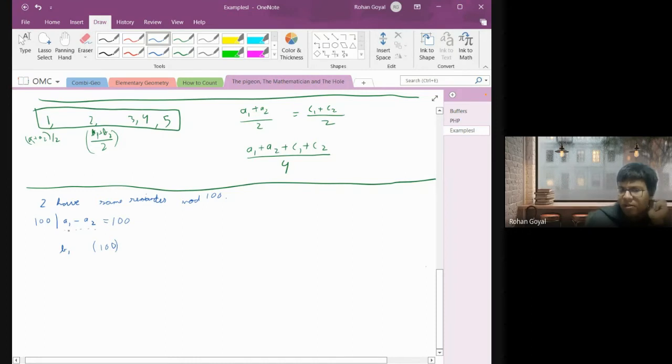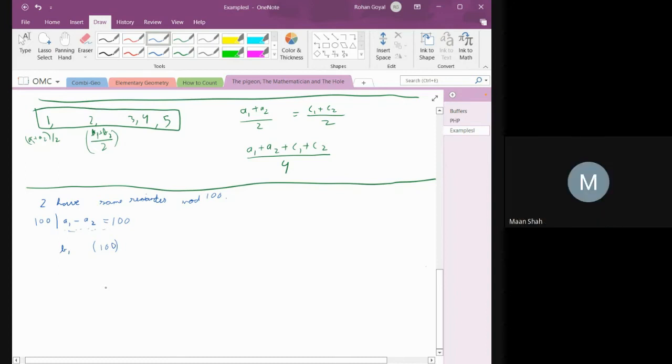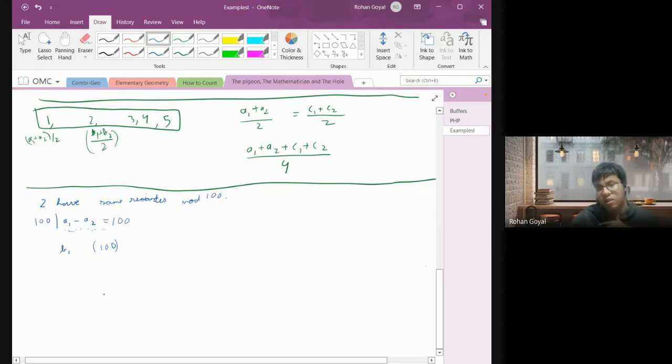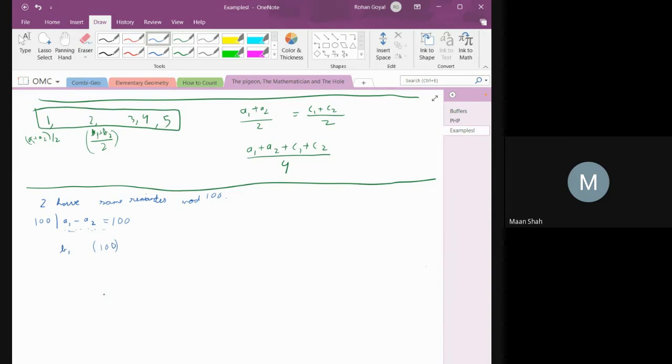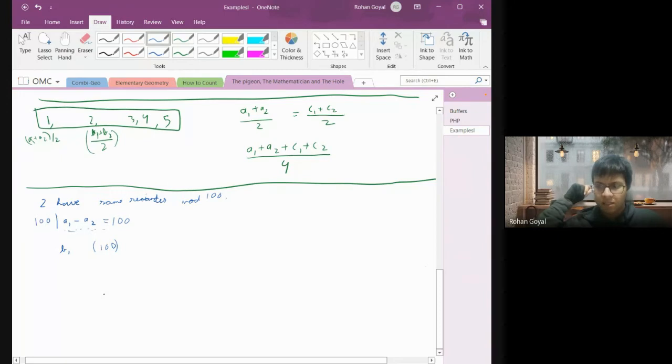You got a remainder mod 100 as 0, but what use is that? From the set of 101 numbers, there will be two numbers which will have the same remainder. Not 0 mod 100. The difference is 0 mod 100. The same remainder, the difference, yes. That A1 minus A2 is 0 mod 100. I'm saying that A1 minus A2 is in fact 100 because it can't be 0 and it can't be 200.